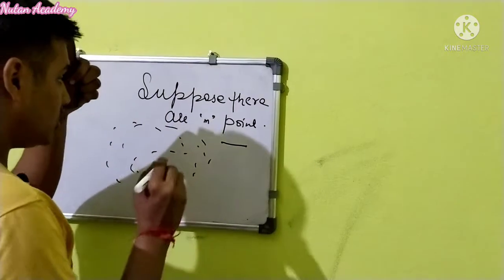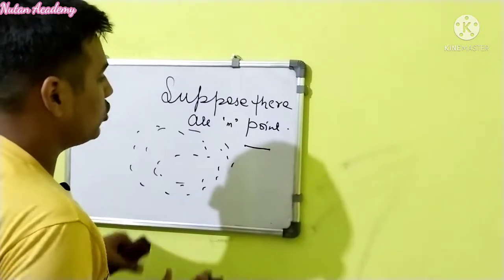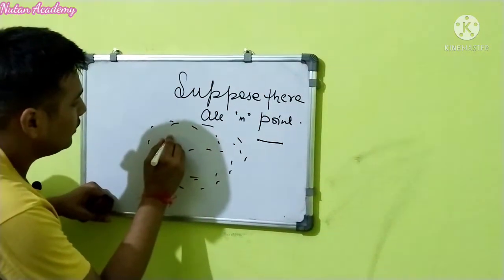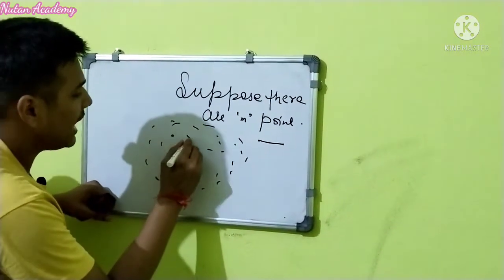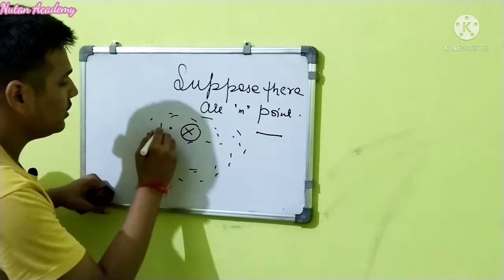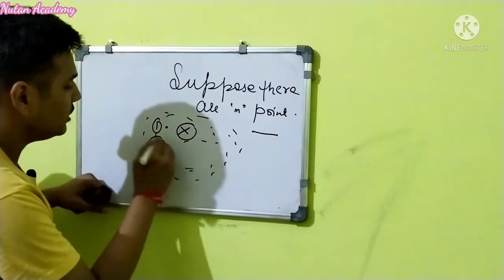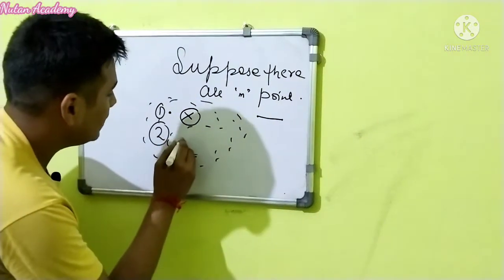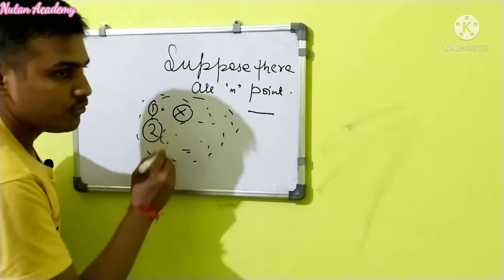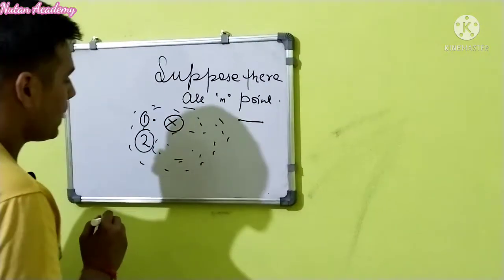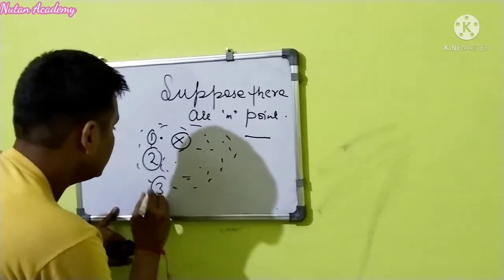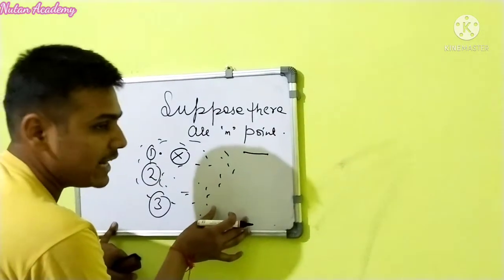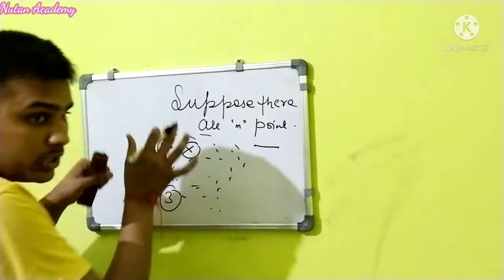Now the question comes here, from this topic in combination: if there is 1 point we cannot form a straight line. Second, the basic theorem regarding point is, if there are 2 points we can form a straight line. Third condition, if there are 3 points, whether collinear or non-collinear.